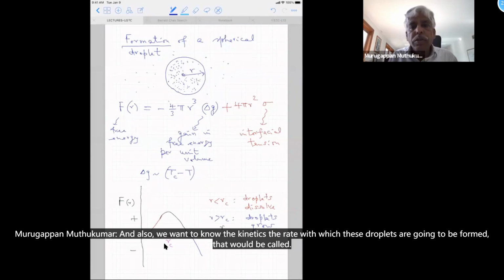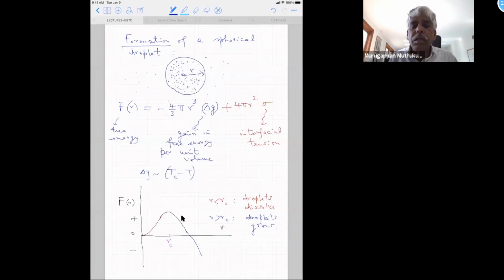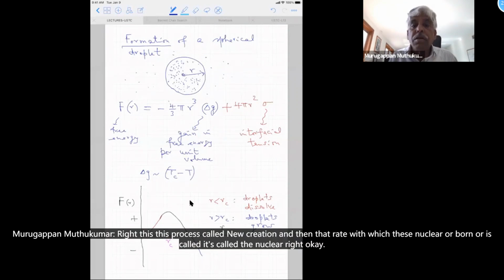And also we want to know the kinetics, the rate with which these droplets are going to be formed. This process is called nucleation, and the rate with which these nuclei are born is called the nucleation rate.